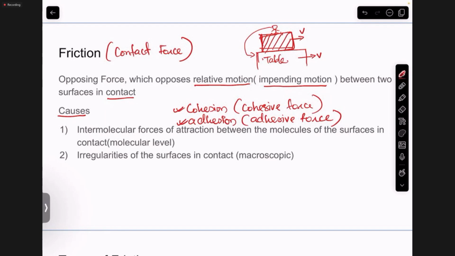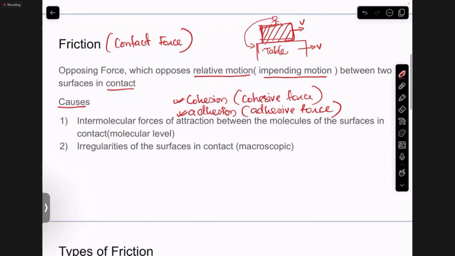That is called adhesive force. And cohesion, or cohesive force, is when two particles of the same material are there. For example, the pages inside the book. It's the same material, so that force of attraction is cohesive force.